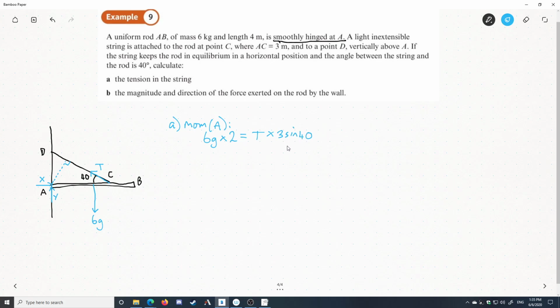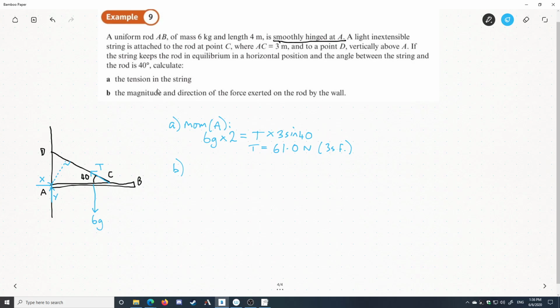There we go. So if we just put that into our calculator, we're going to get the tension. So 12G divided by 3 sine 40 gives a tension of 60.98 newtons, or 61.0 newtons, to 3 significant figures.